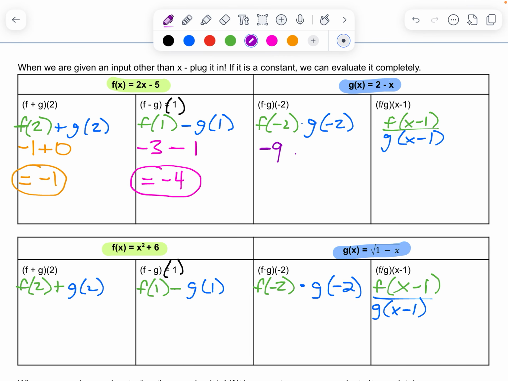I'm going to multiply that by whatever g of -2 is. 2 minus a -2, that's a minus negative next to each other, so it makes a +2. 2 and 2 would make 4 here, and then I multiply that out, and I would get -36 for that.